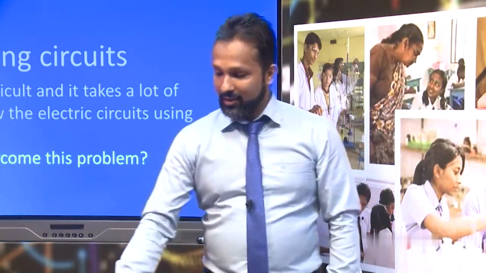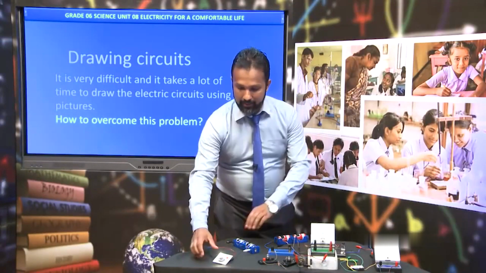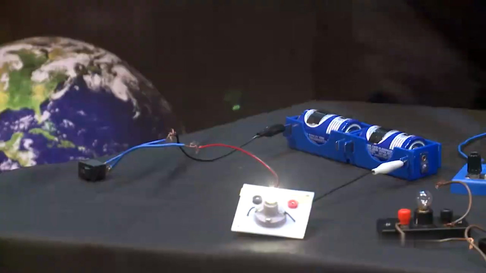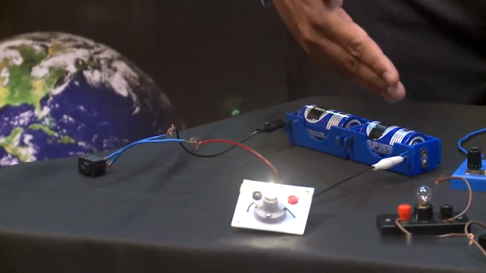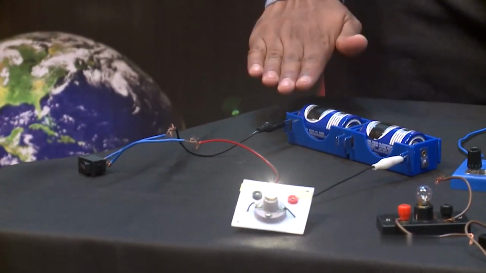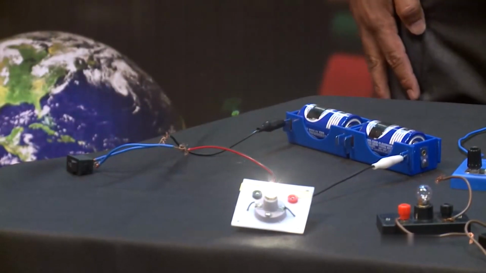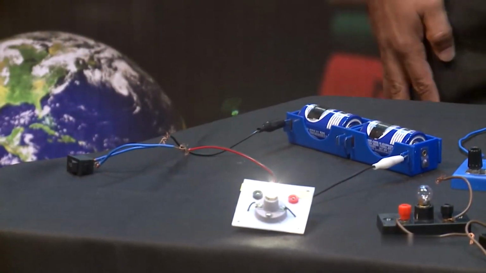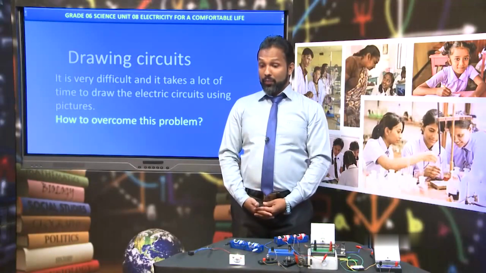Look at this circuit, my dear children. Here, the circuit consists of, as you know, a bulb, connecting wires, dry cells, and a switch. Now, sometimes in your school, you may be asked, please draw this circuit.